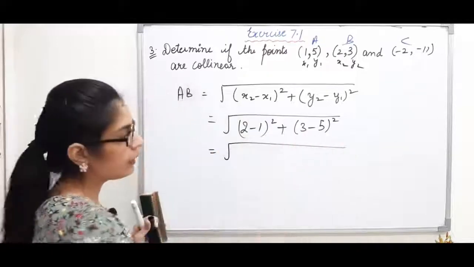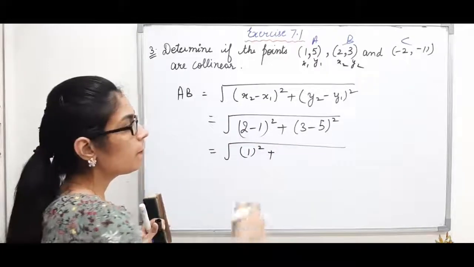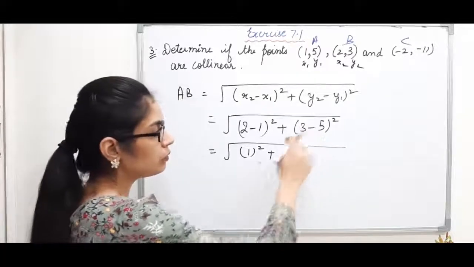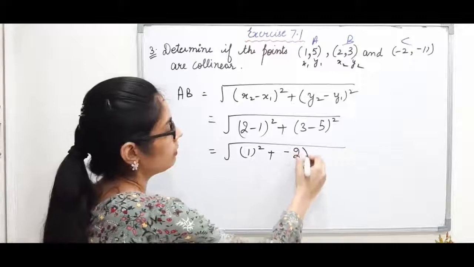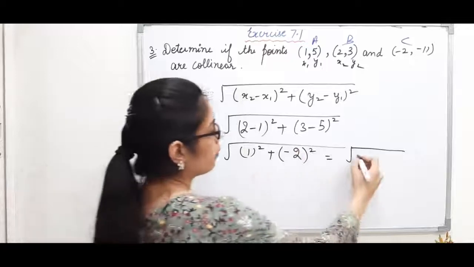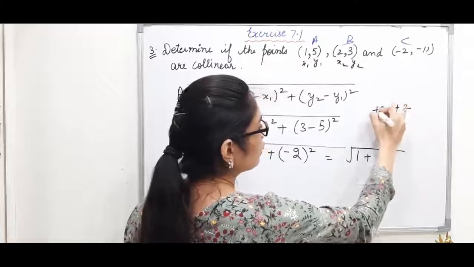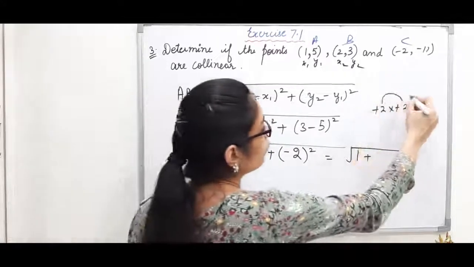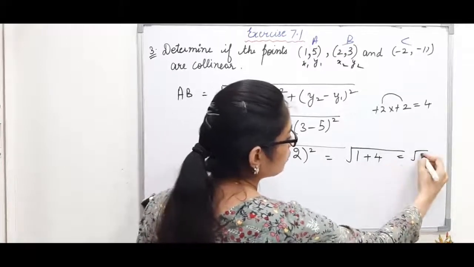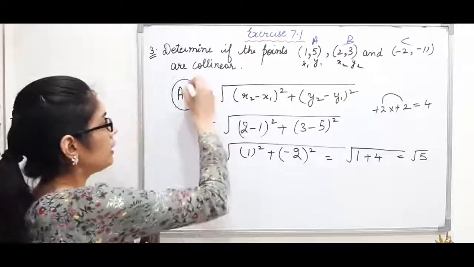So 2 minus 1 is 1 square, and 3 minus 5 is minus 2, since the sign goes with the bigger number: 5 is the bigger number and it has the minus sign, so the answer also has a minus sign. So square of 1 is 1, and square of minus 2 means minus 2 into minus 2; the minus signs cancel, and 2 into 2 is 4. So I got 4 plus 1, it is 5. Square root of 5 is my AB.